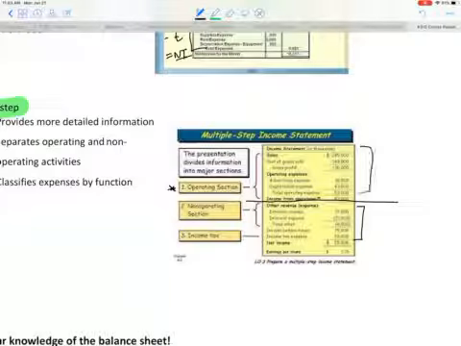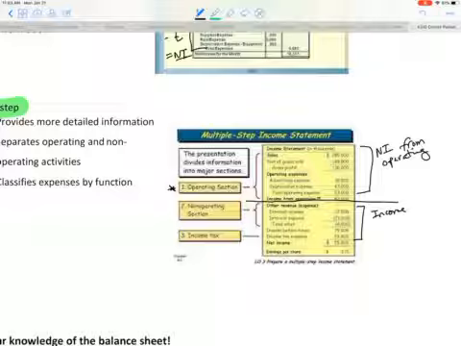And so this actually gives us information about net income or loss from operating the business. So under normal operating conditions, this is our net income from doing all the stuff that we normally do. And then below that, you have income from other stuff.